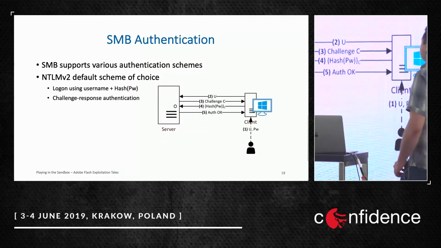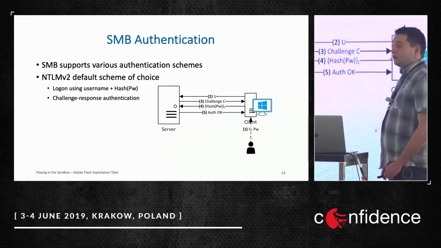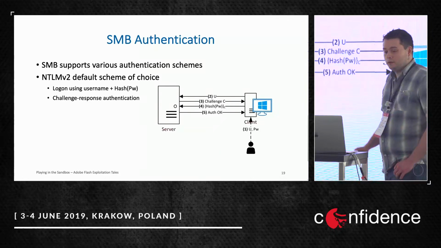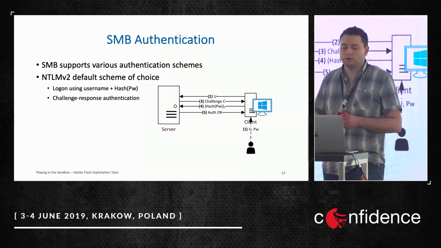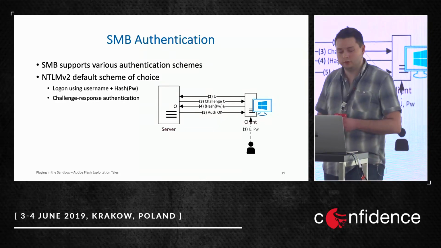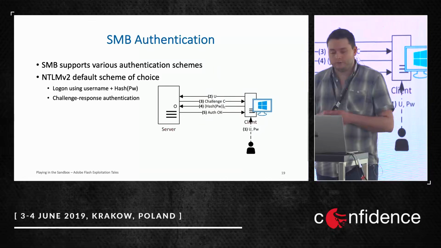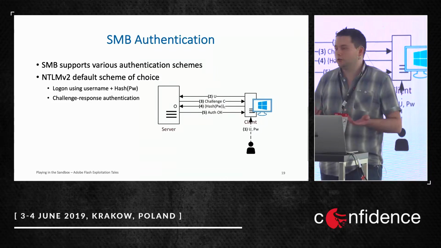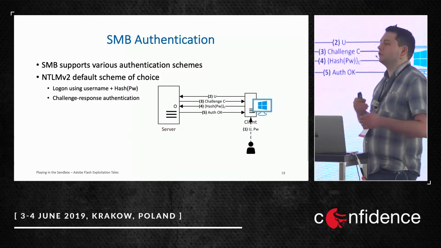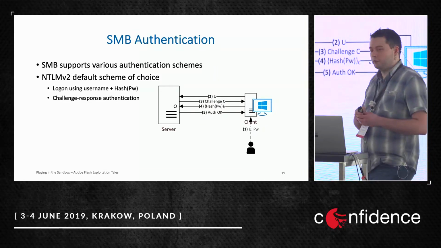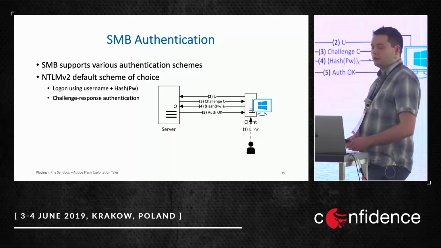So let's talk about SMB, in particular SMB authentication. SMB supports various authentication schemes, and one of them is called NTLMv2. In this scheme, you log on with a username and a hash of the user password, and there's a challenge-response mechanism involved. So I'll briefly go through how that works.